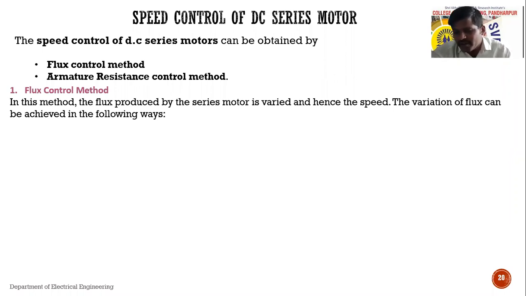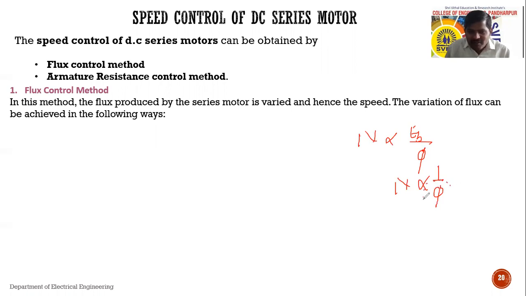So you people know according to the equation, N is directly proportional to EB divided by phi. If we maintain the back EMF of the machine constant, then the equation is N directly proportional to 1 upon phi. So by varying the value of this flux, we are able to change the speed of DC series motor, right?